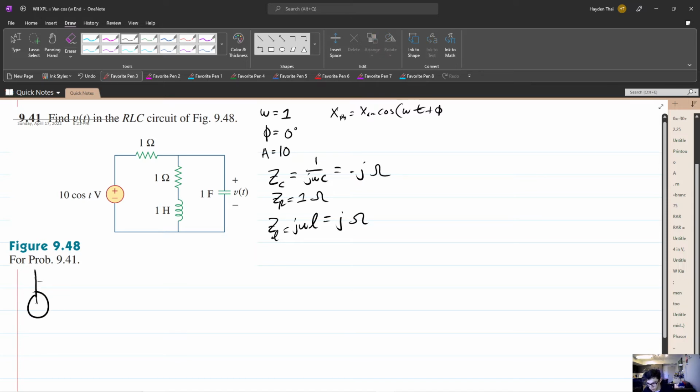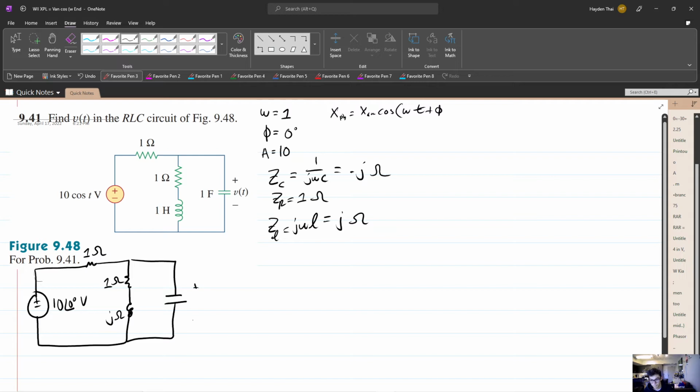All right. It might not be super obvious, but these two branches right here are actually in parallel: the one I'm circling in blue, and the one I'm circling in red.